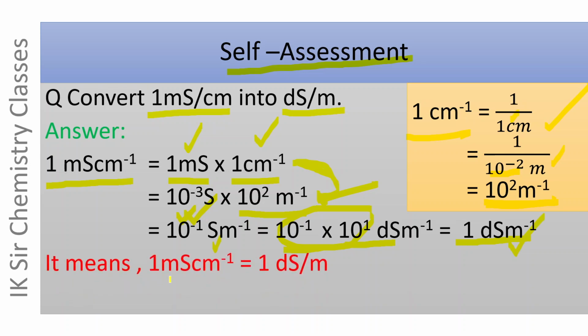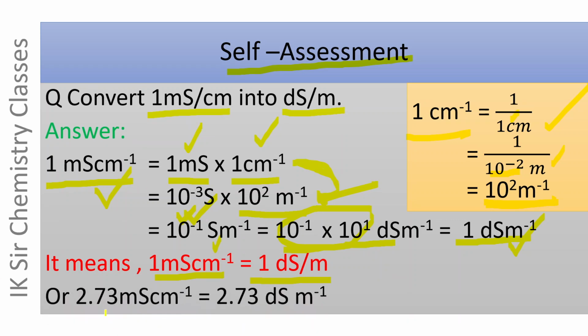It means 1 millisiemens per centimeter is nothing but 1 decisiemens per meter. It means the reading of the apparatus, 2.73 millisiemens per centimeter, is nothing but 2.73 decisiemens per meter.